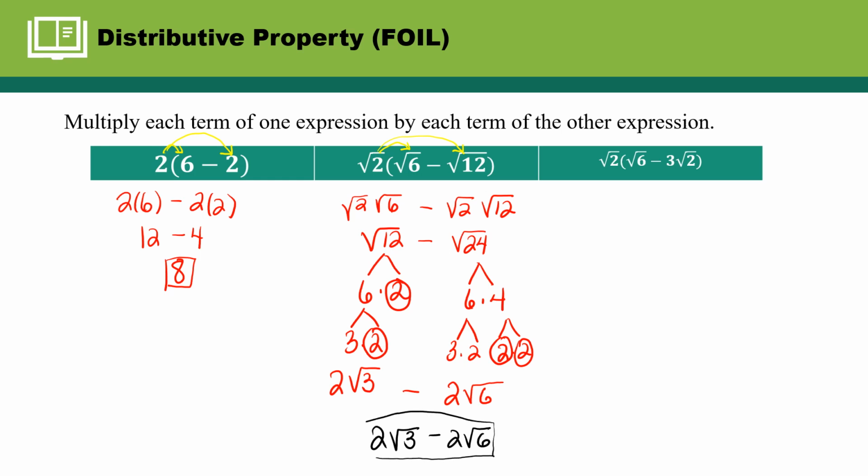And then for our third example, we have the square root of 2 times the square root of 6 minus 3 times the square root of 2. So we'll multiply the square root of 2 by each of the terms inside.